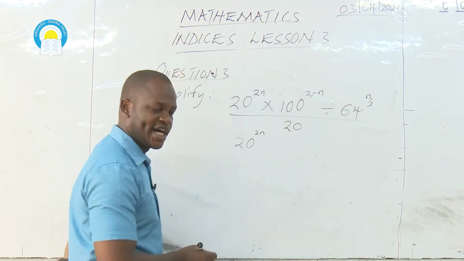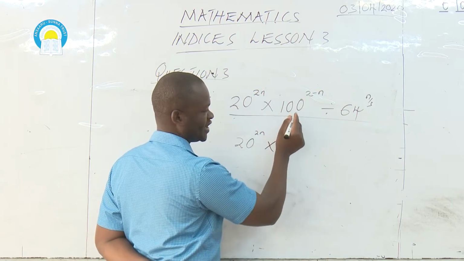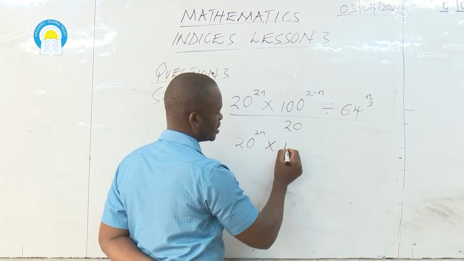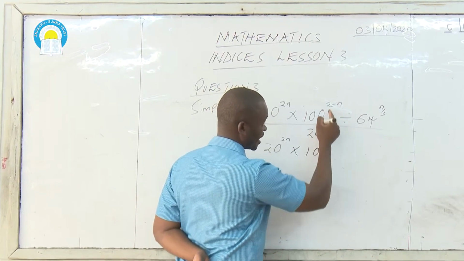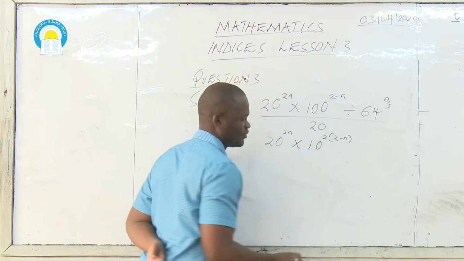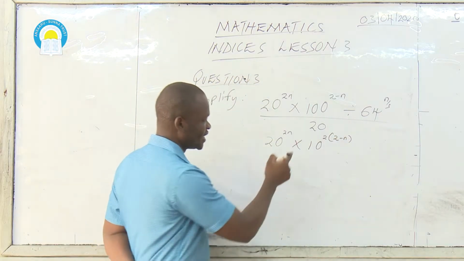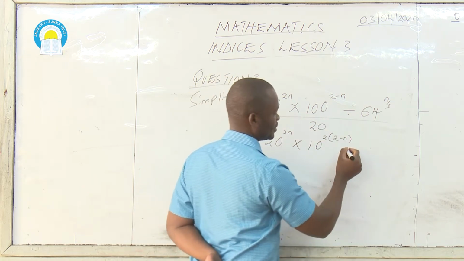Then here, 100 in index form is the same as 10 to the power of 2. Then I remember I have the power 2 minus n, which must be maintained there. 10 power 2 has replaced the 100.